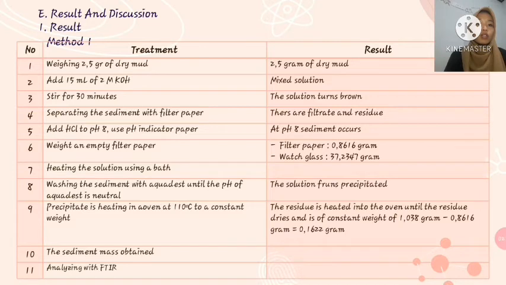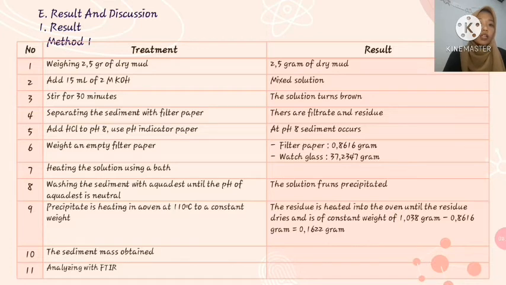The solution transfers. The precipitate is heated in an oven at 110 Celsius to a constant weight.